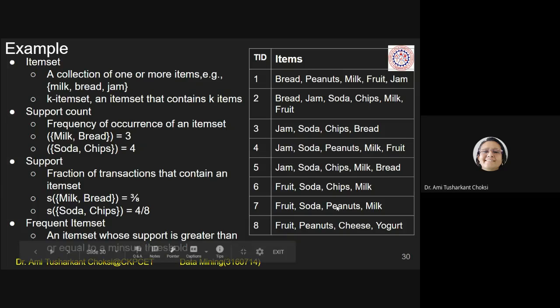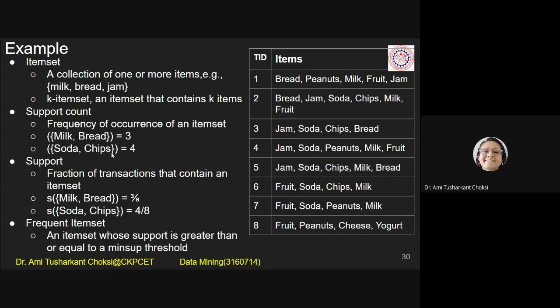Here milk is there, here milk is there, here they are not there. So in all these transactions, the count of transactions where milk and bread both are available is 3. So the support count of milk and bread is 3.